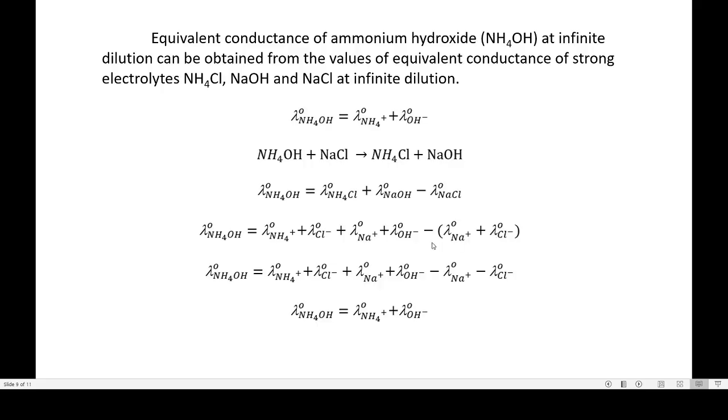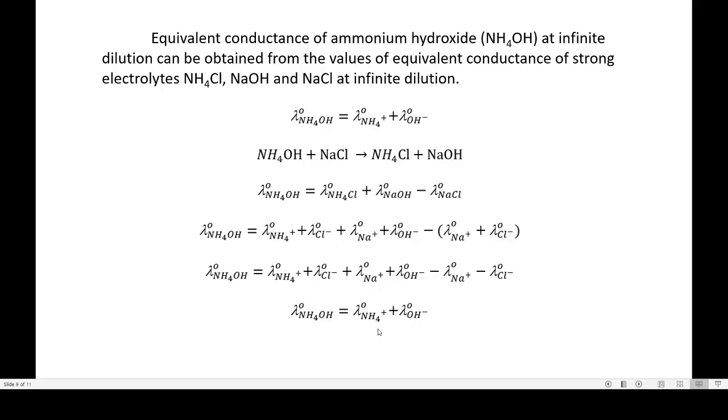If you remove the bracket, it will be minus lambda naught of Na plus minus lambda naught of chloride ion. So here lambda naught of chloride ion will get cancelled and lambda naught Na plus minus lambda naught Na plus is cancelled.